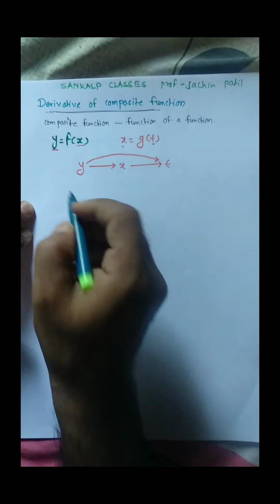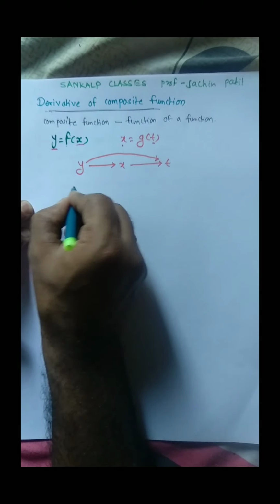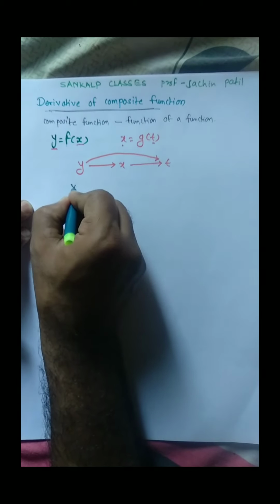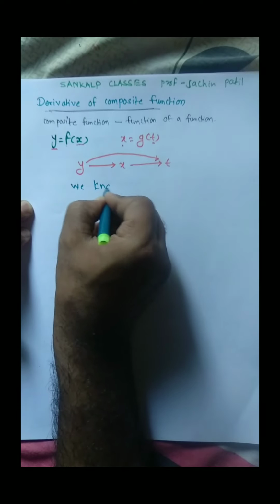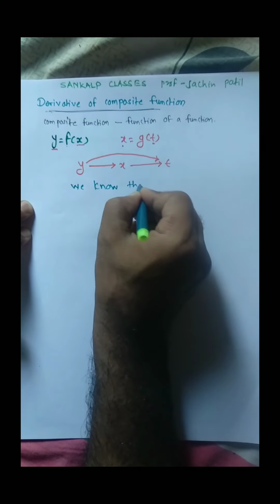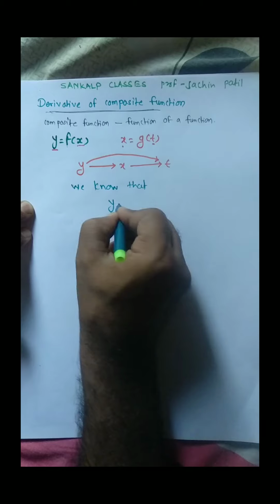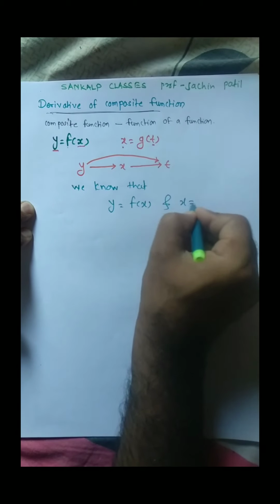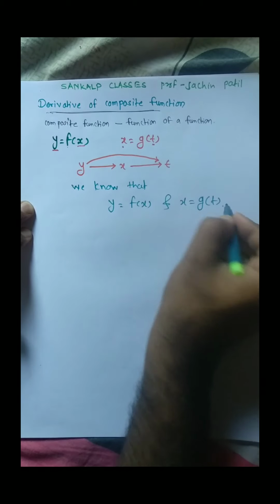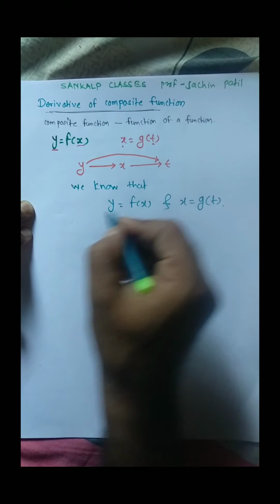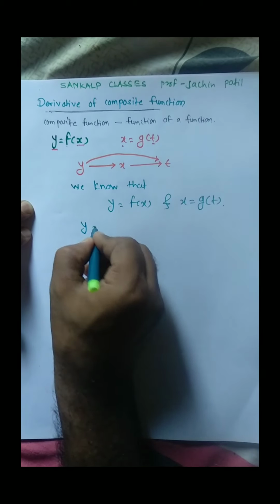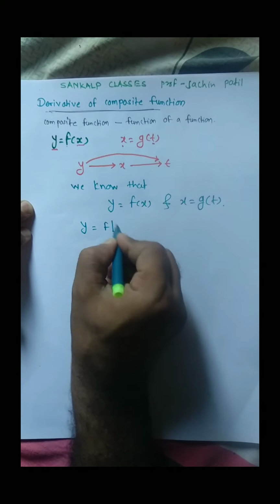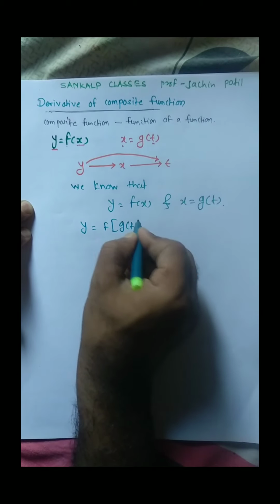How is it written in composite form? We know that y is equal to f of x and x is equal to g of t. Put x is equal to g of t inside the function of y, and you will get y is equal to f of g of t.